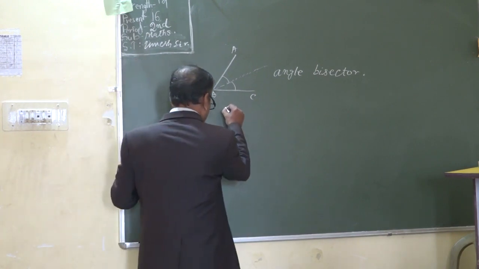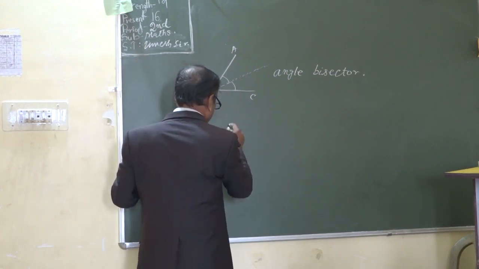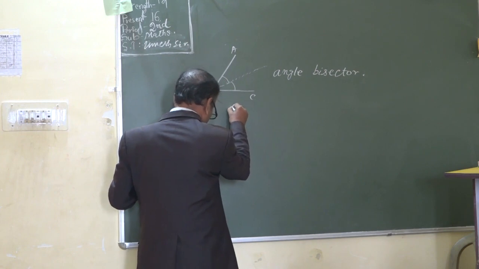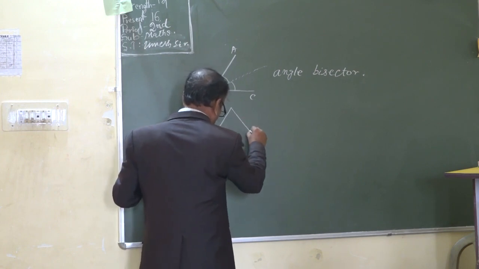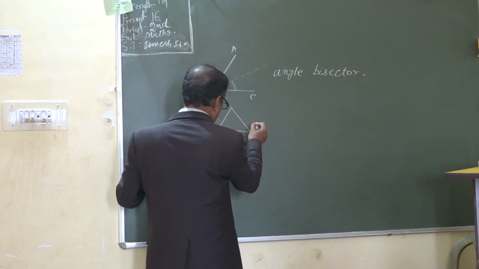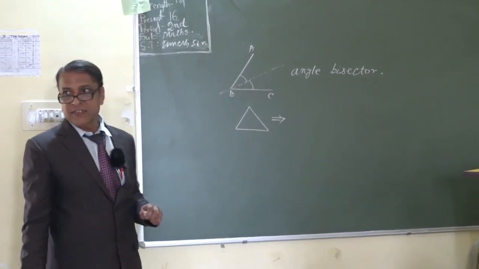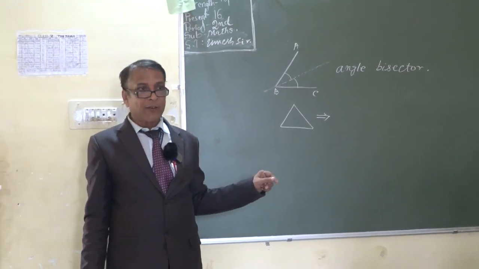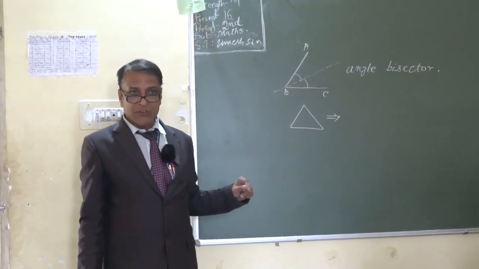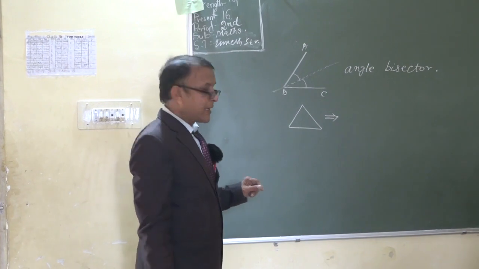So the angle bisector is the symmetrical line of this angle. Now, for a triangle, the equilateral triangle, we have already discussed. Now tell me, how many symmetrical lines are there for an equilateral triangle? Very good.